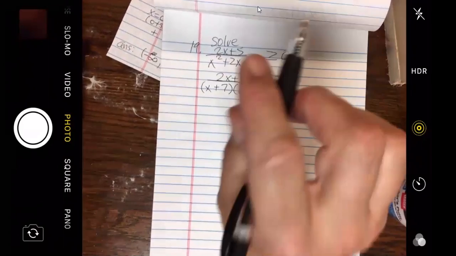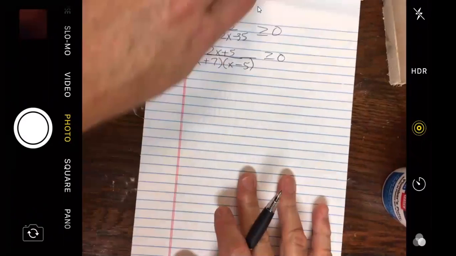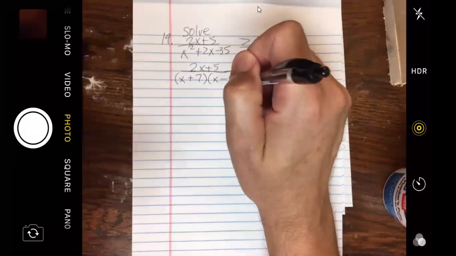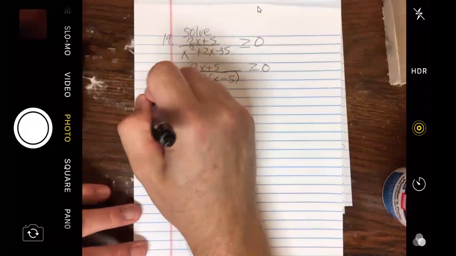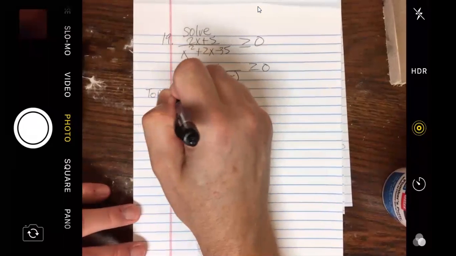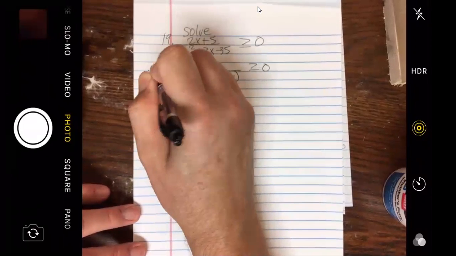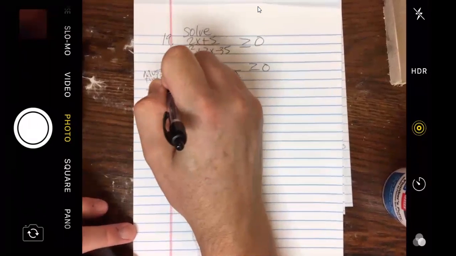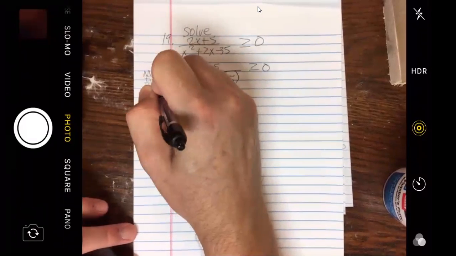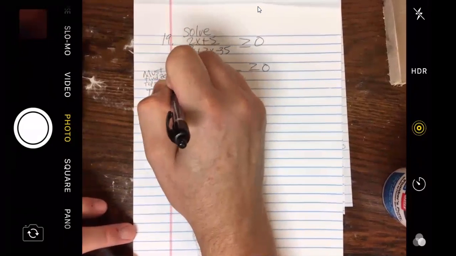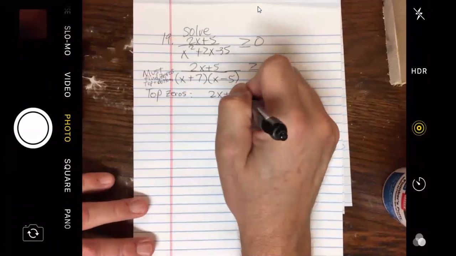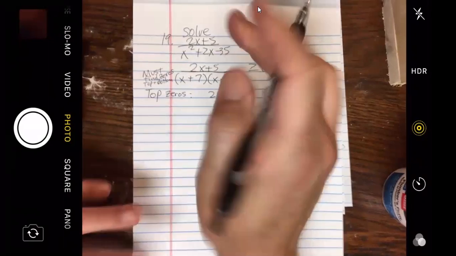So we made this point Monday night. I don't know if you got a chance to watch the Monday night video. Very important to keep track of where your zeros come from, top or bottom. You must find zeros, top and bottom. From the top, that would come from 2x plus 5, you want it straight equals 0.